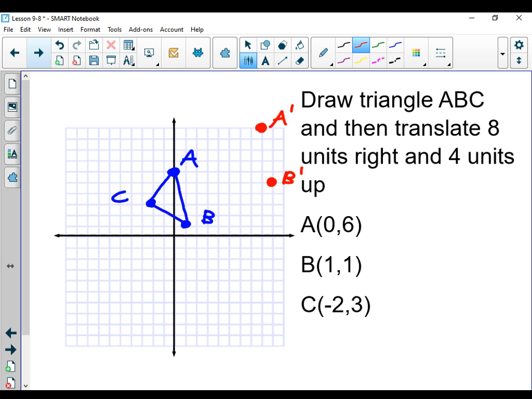Same direction for B prime. Same direction for C prime. Use your straight edge.